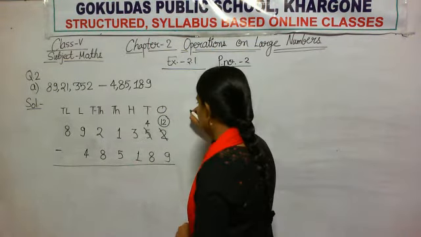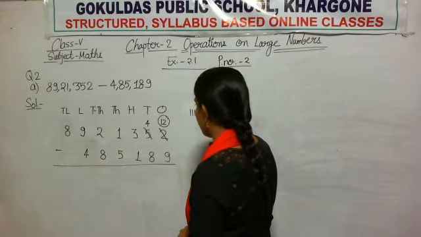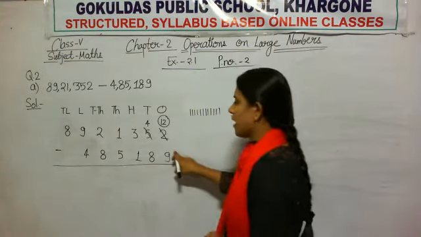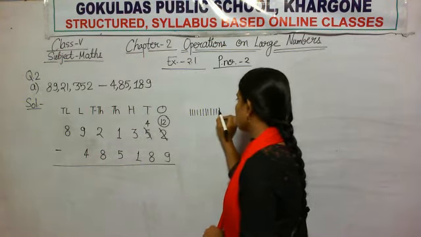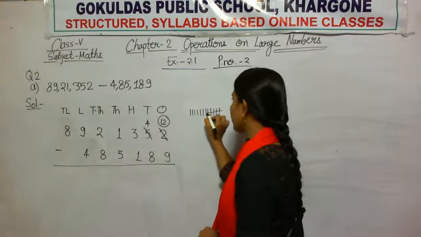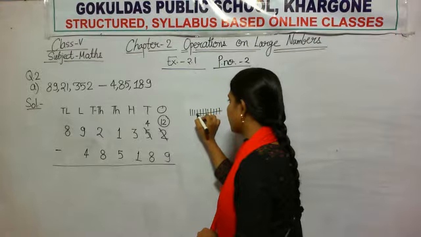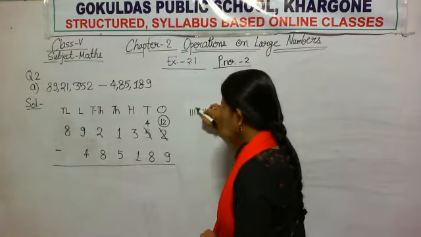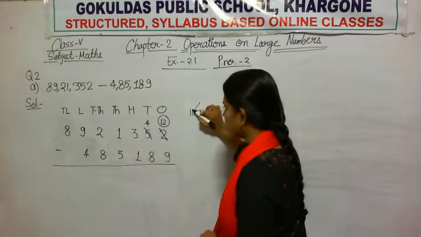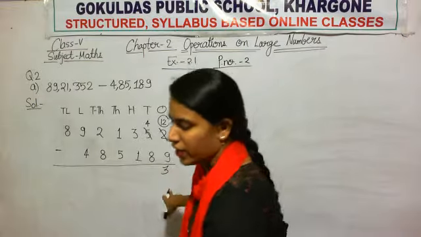Here you have 12 sticks, 1, 2, 3, 4, 5, 6, 7, 8, 9, 10, 11, 12. And you are subtracting 9. You remove 9 sticks. Now count how many are left. 1, 2 and 3. 3 sticks left. So I wrote 3 here.